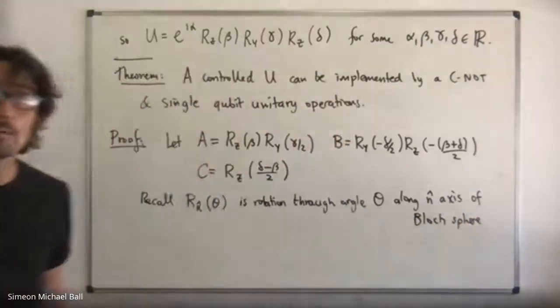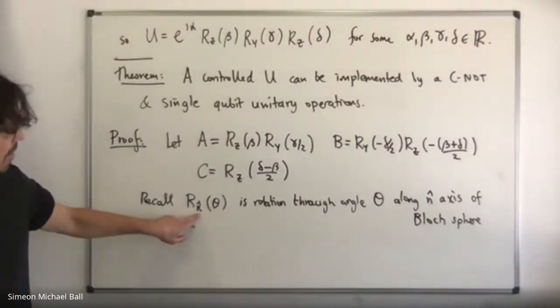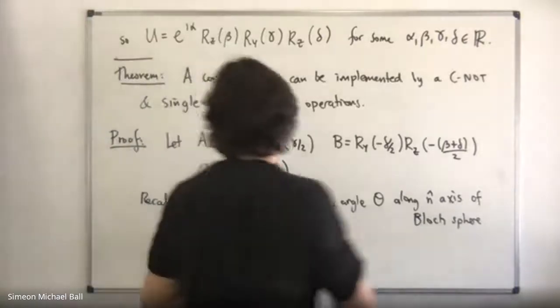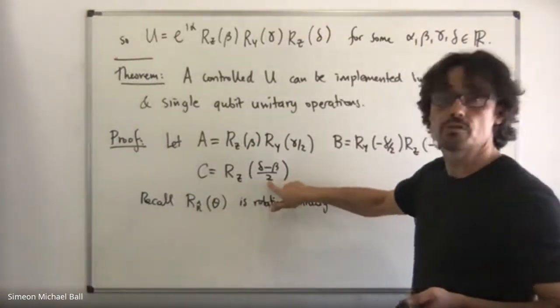Okay, so now you see why we were so bothered about proving these things in the introduction. So this operation here is rotation along the z-axis by this amount of degrees.